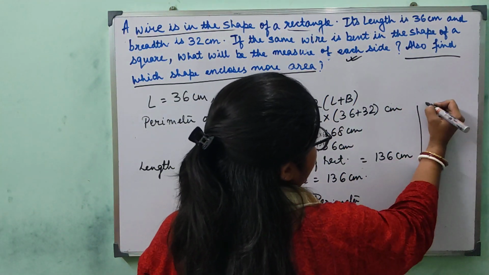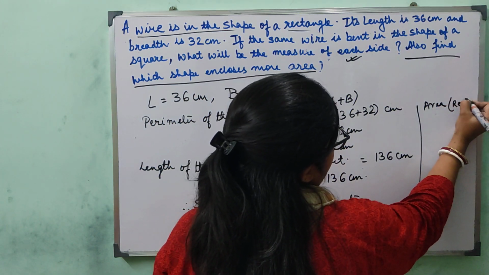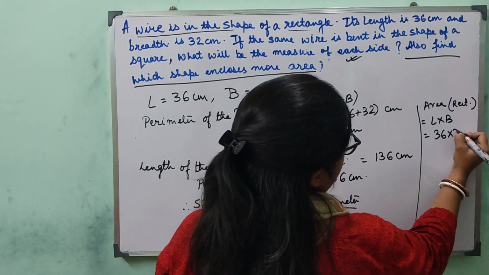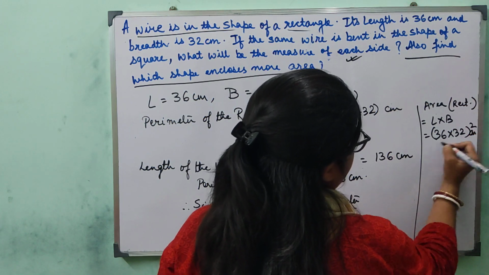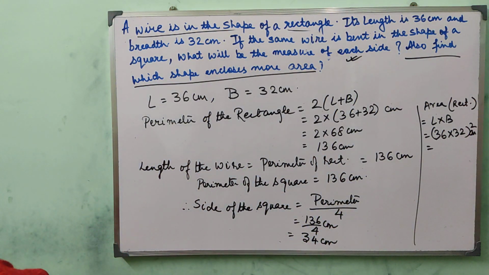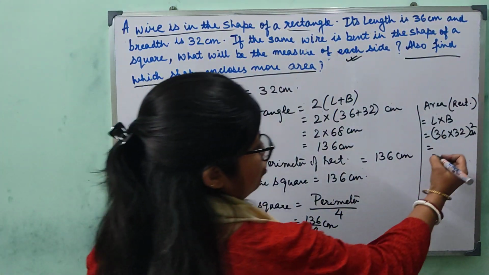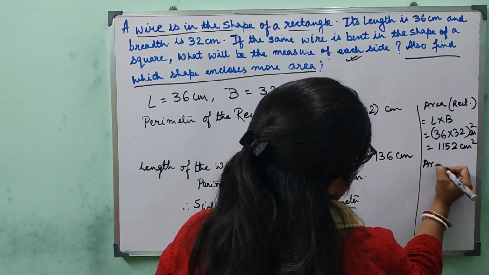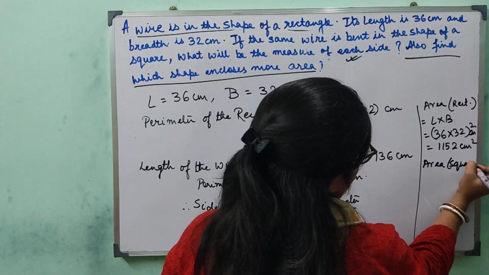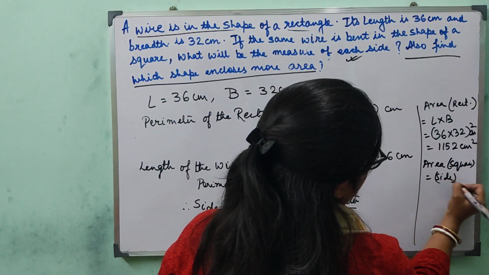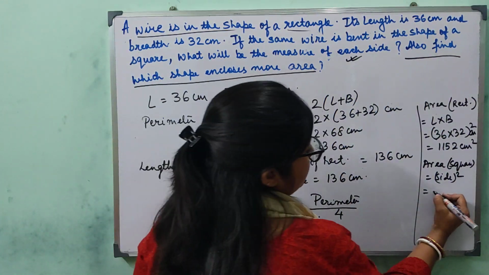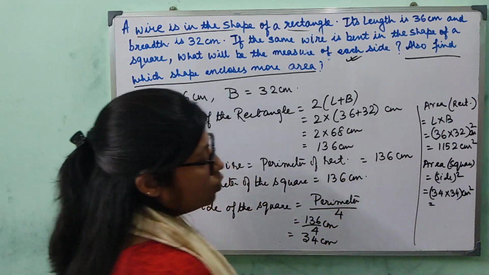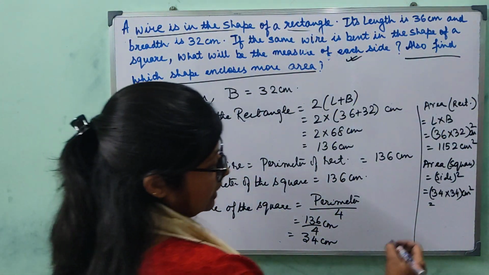So the area of the rectangle will be length into breadth, that is 36 into 32 centimeter square, which is equal to 1152 centimeter square, whereas the area of the square, formula is side square, which is 34 into 34 centimeter square, which is equal to 1156 centimeter square.